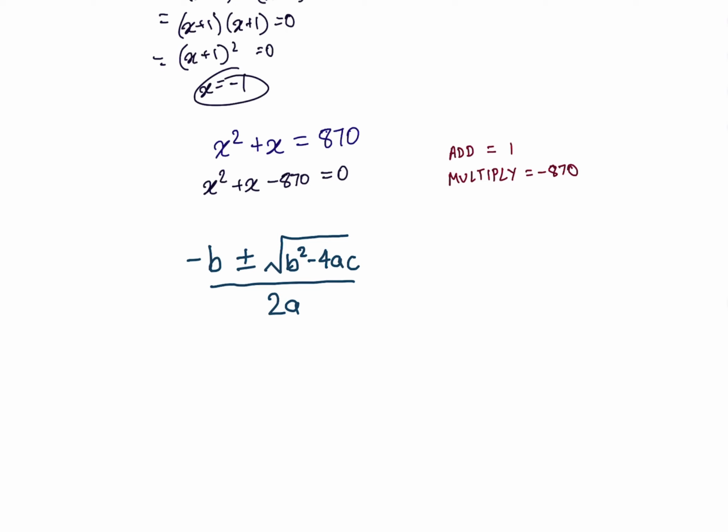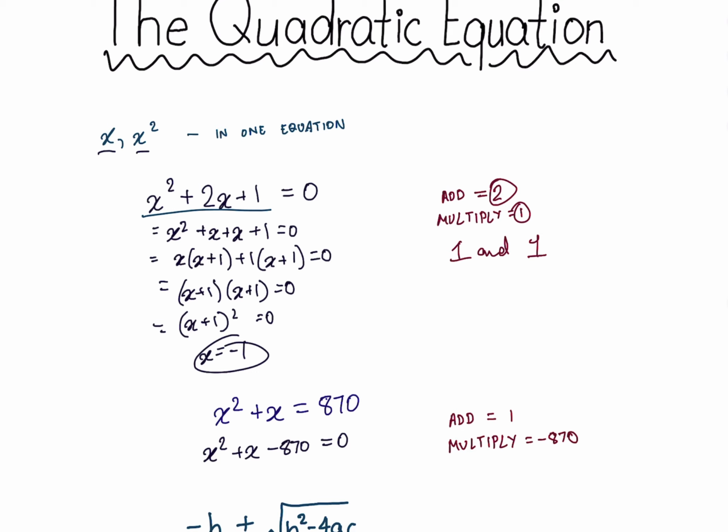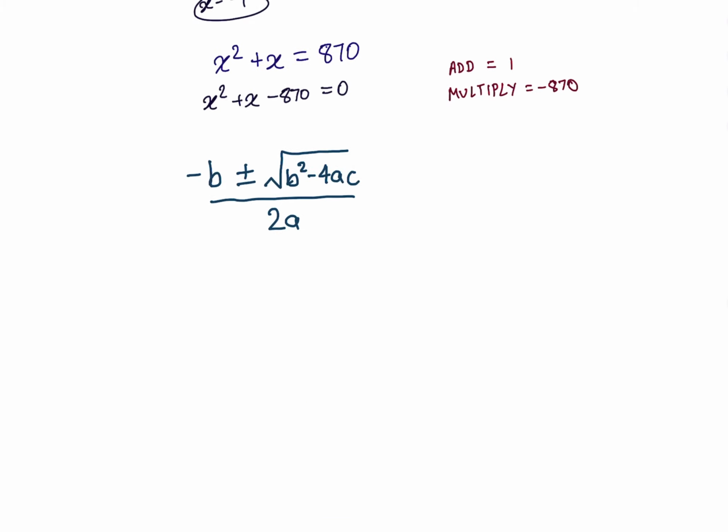So let's go back to our first quadratic equation that we had, which was x squared plus 2x plus 1. So over here, let's just take that equation: x squared plus 2x plus 1, which gives us 0. Over here, we are giving each of the terms a coefficient. So the coefficient of x squared is 1, because x squared is the same thing as 1x squared.